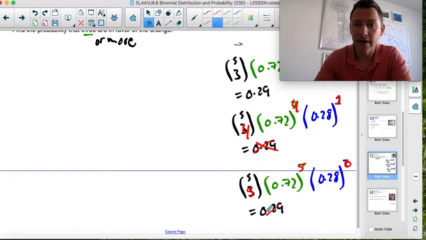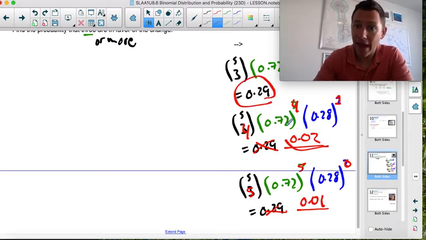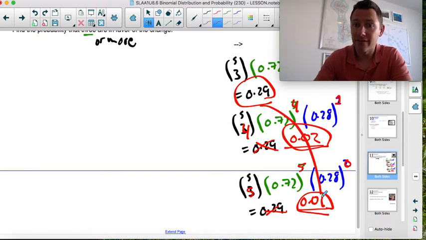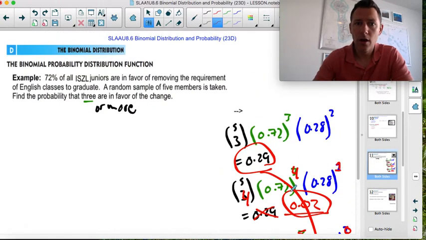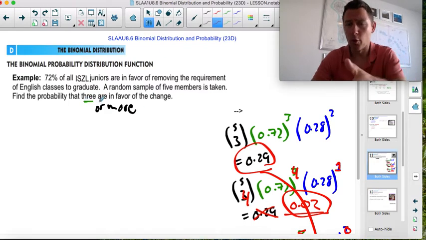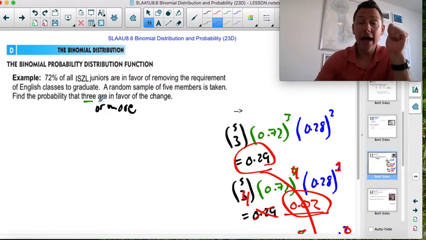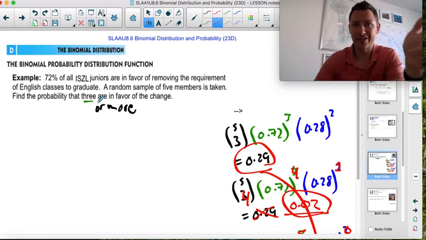And then we would find different values here, and I'm making stuff up, 0.02, 0.01, totally making that up, right? You'd add those together, and that would be the CDF. If we were going to CDF this, I want 3 or more. That means I want not none, not 1, not 2.